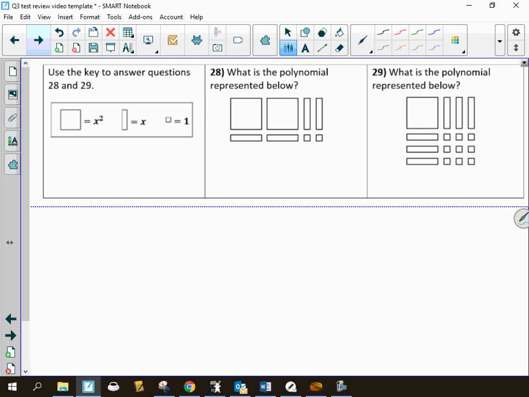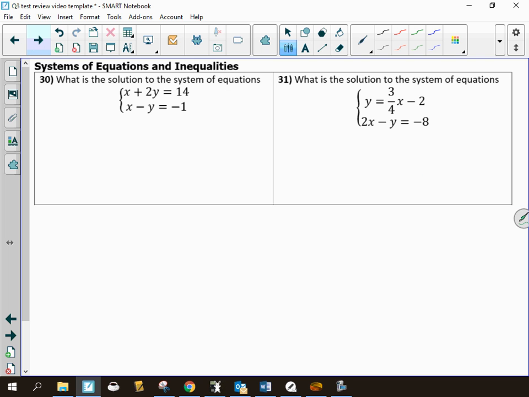All right, for this, don't make this harder than it has to be. This is an x squared, so that's 1, 2. So that's 2x squared, plus 4x plus 2. For this one, 1 x squared, 1, 2, 3, 4, 5, 6, plus 6x plus 9. That's all we have to do for those.